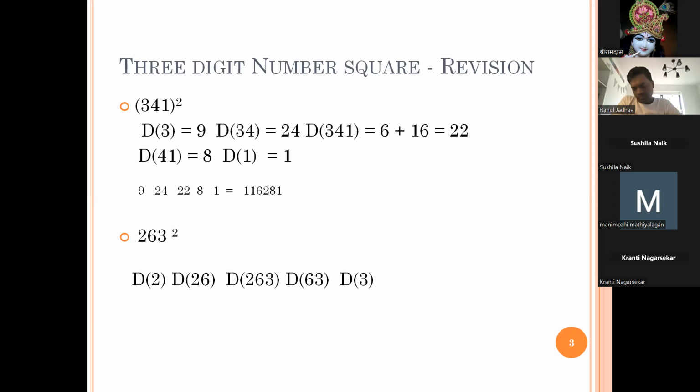So I tell them 2 into 1 into 4, multiply and write 8. Suppose there is a carry over, write only the units place and keep the carry over in your mind. And the next number, multiply by itself and add the remainder. I tell them orally like that, instead of writing like 9, 24, 22, 8 and 1 here, isn't it? So I tell them in a simple method.